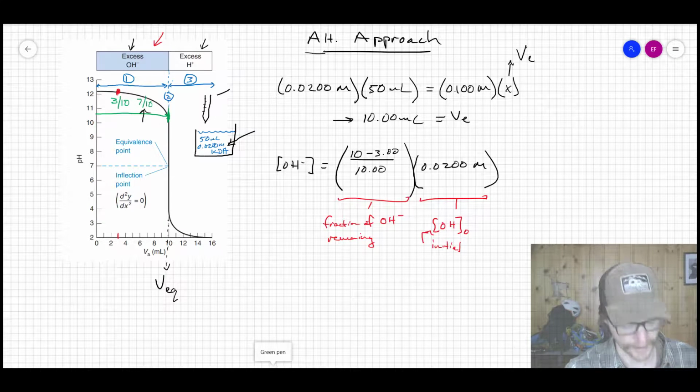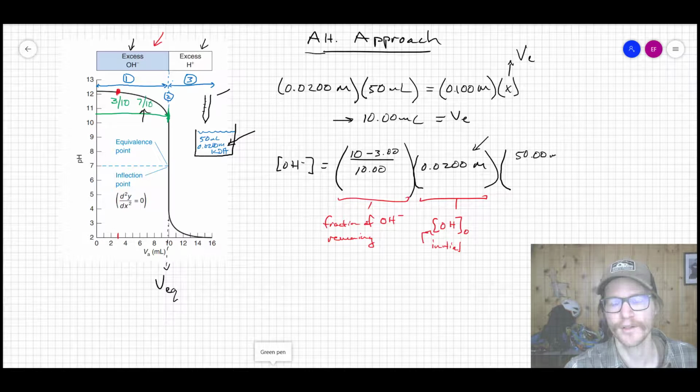And then we need to compensate for the dilution factor, which is how many moles of the base did we originally have, which we would then multiply by that volume, 50 mils. We need to adjust that volume.